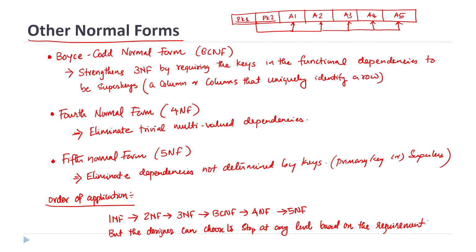There is no rule that says you have to go all the way to the fifth normal form. You are free to stop at second normal form, you can stop at BCNF, you can stop at fourth normal form. It all depends upon the type of the database that you have, the application of the database, and how the DSS is supposed to utilize the database.